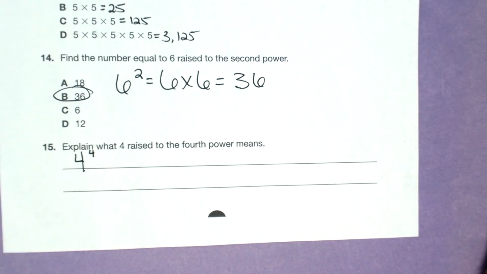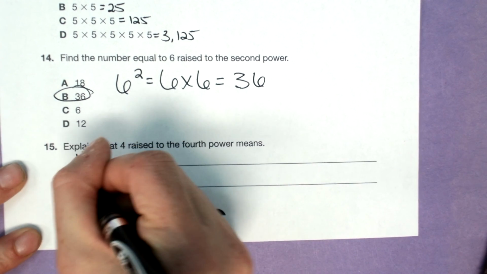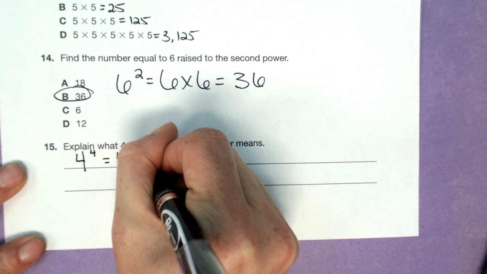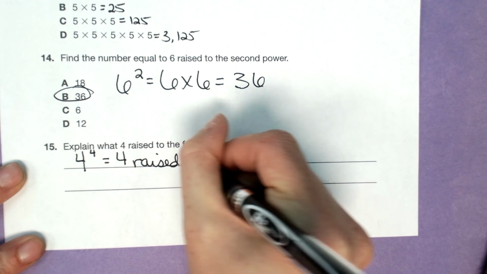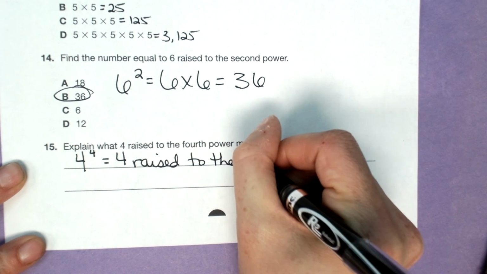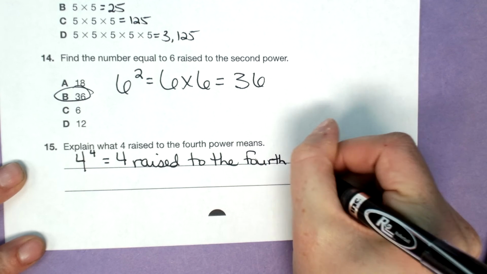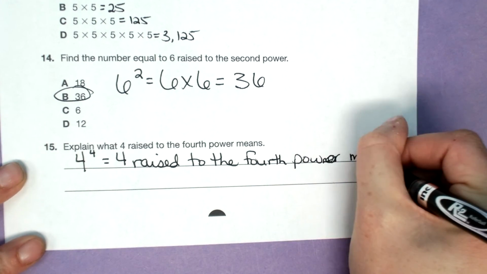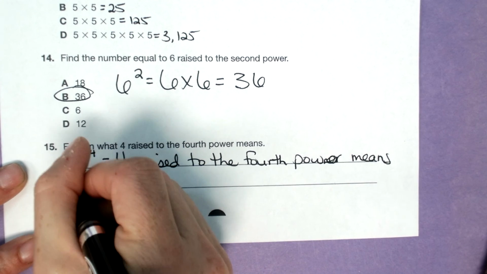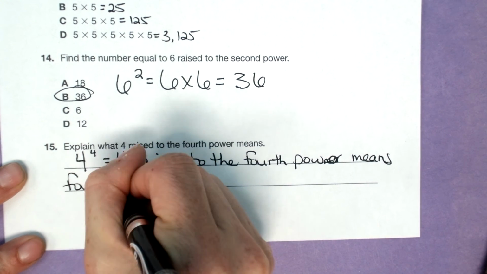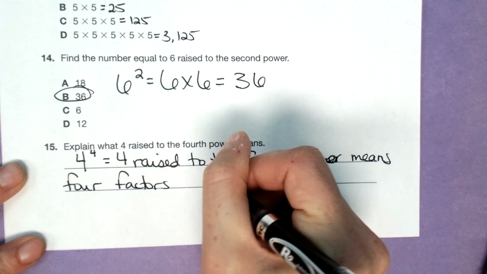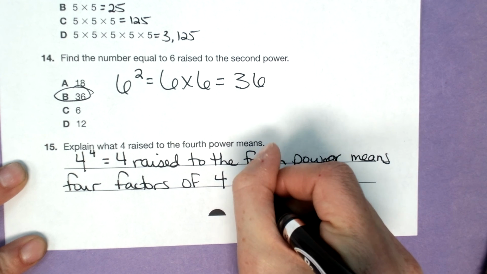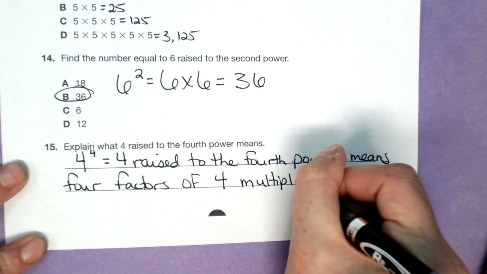That's essentially what they're asking you. 4 raised to the fourth power means 4 factors of 4 multiplied.